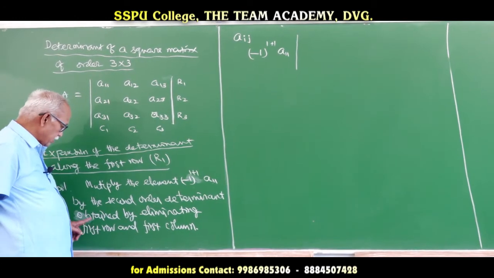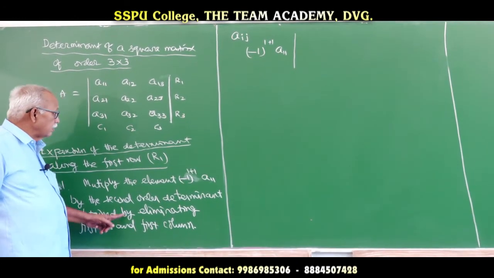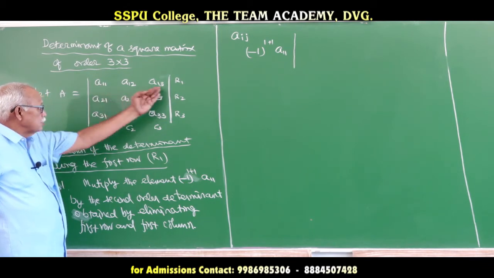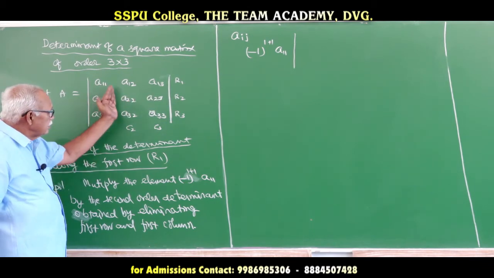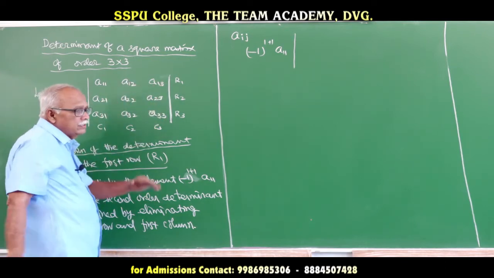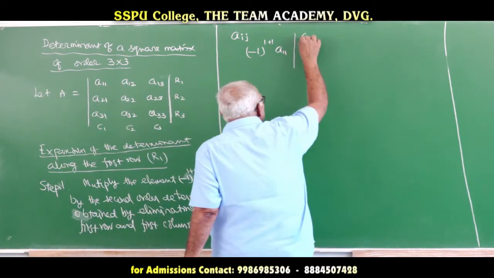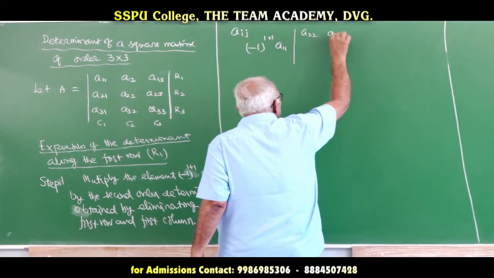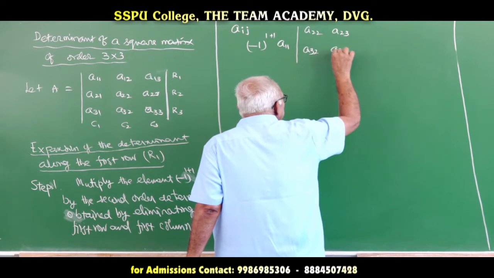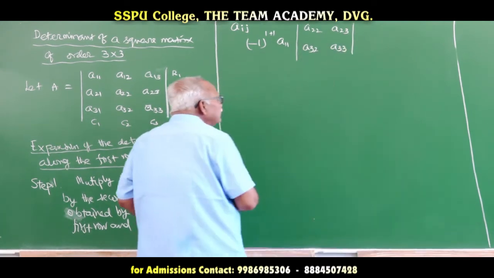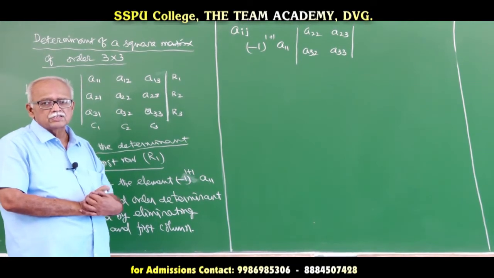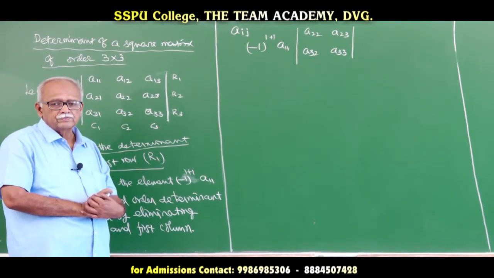What is the second order determinant here? Eliminating first row and first column, the determinant we get is A22, A23, A32, A33. So, this is the first element that we are using for R1.